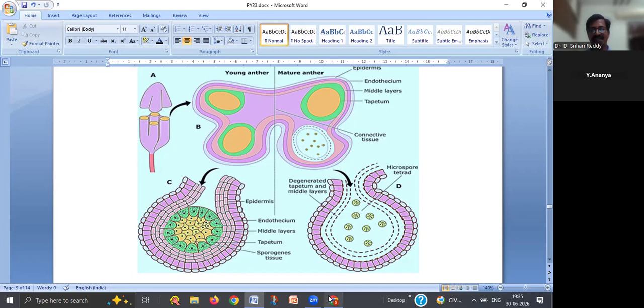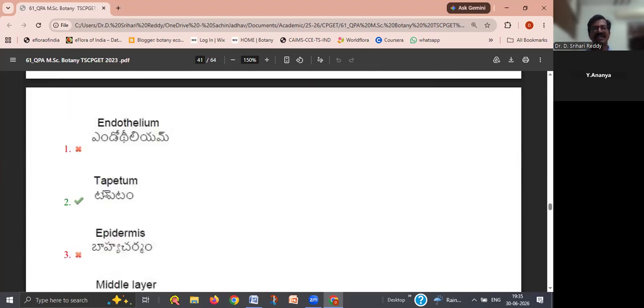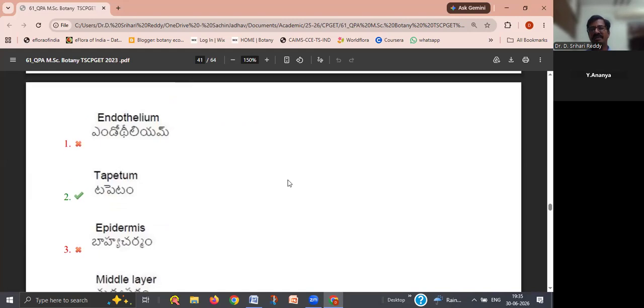So the right answer to the anther wall layer which is usually polyploid, has dense cytoplasm and high DNA content is tapetum.